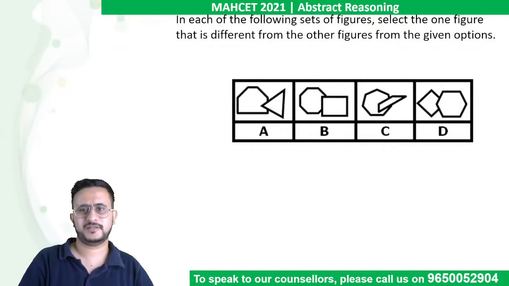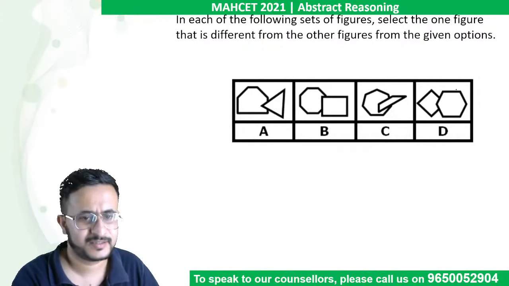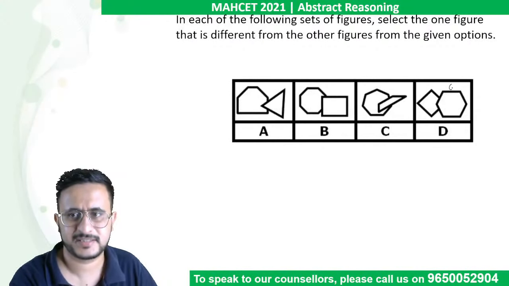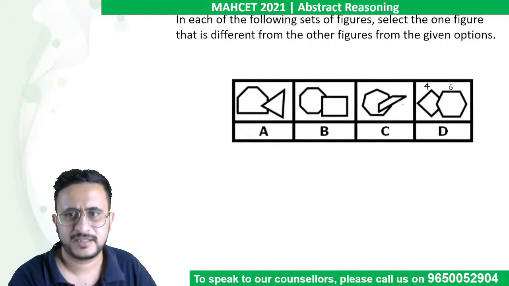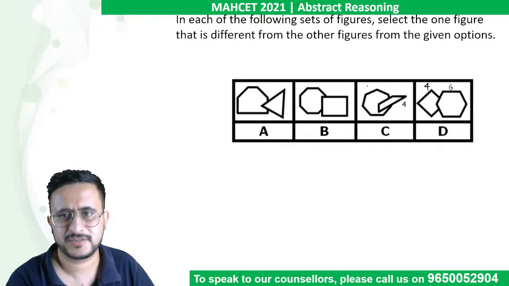Others are octagon. No, not necessarily octagon. This is hexagon. This is hexagon. This is 6 and 4 sides. This is 4 sides and 1, 2, 3, 4, 5, 6, 7. This is 4 and 7. This is 4 and 8.